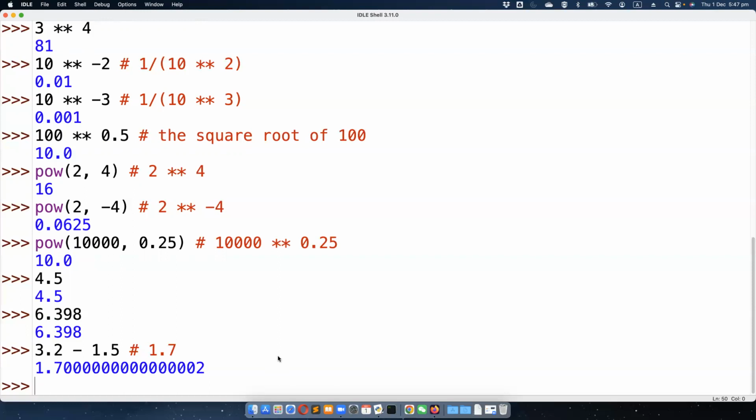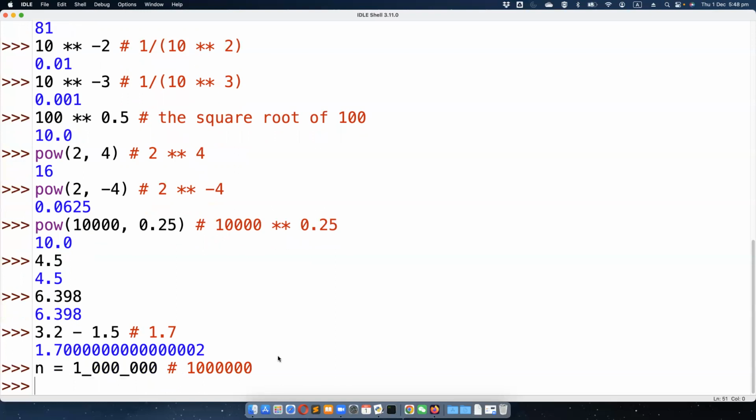And in Python 3.6 and later, you can even write a number in such a funny way, like, for example, n equals sign 1 underscore 3 zeros, another underscore 3 zeros. So this is just like 1 million. Or you can also use this kind of format with real numbers as well.